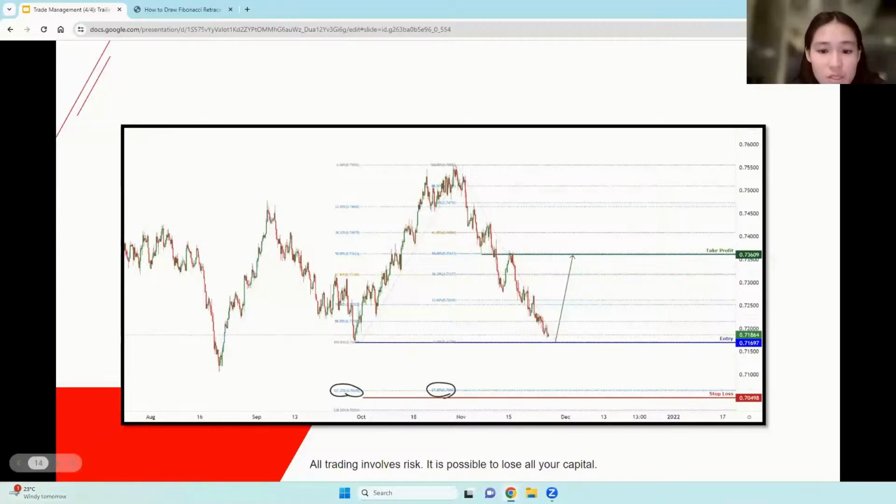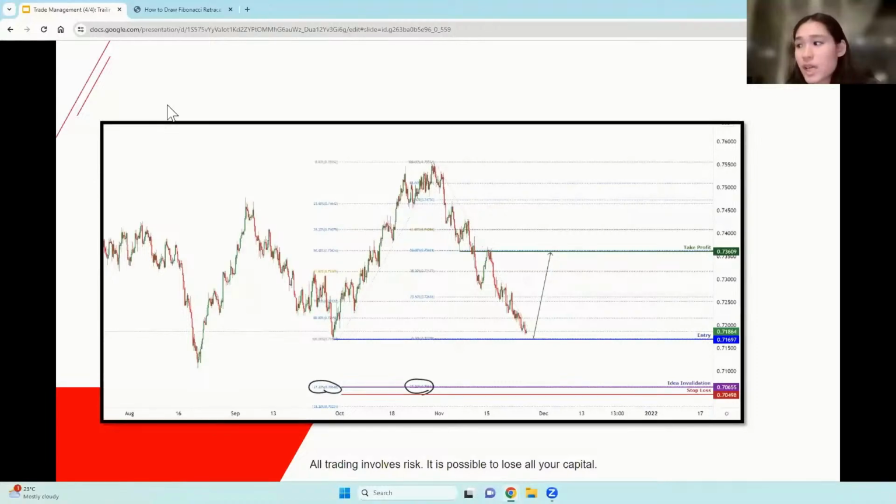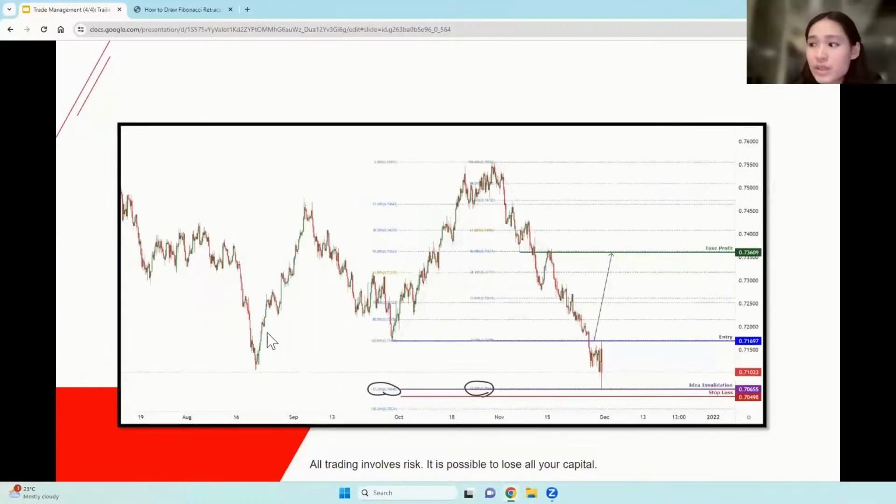So you can see our entry and our price. We're placing our stop loss below our Fibonacci confluence area here, just like we mentioned, we always want to place our stop loss beyond any confluence areas. And now our idea invalidation, we are placing exactly at that level. So if price breaks out of our entry and heads downwards towards our stop loss, at least when it hits our idea invalidation, we will get out at break even.